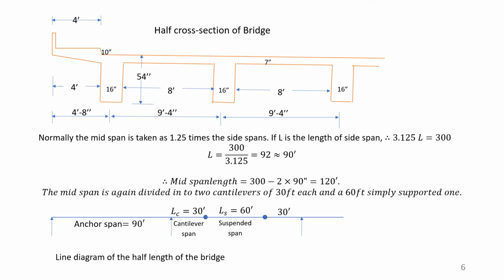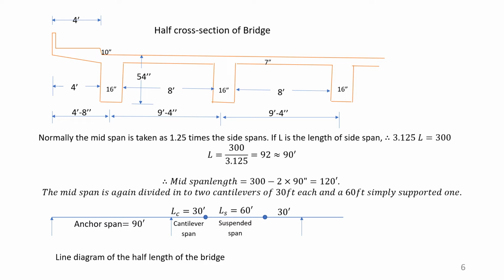We have divided this mid span and end span with some relation. Normally the mid span is kept near about 1.25 times the side spans. This is from a practical point of view and the general style of this sort of relations.